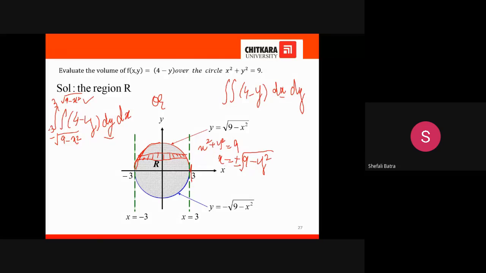X is equal to minus under root 9 minus y square. And when you are talking about this side, these two quadrant, so x would be under root 9 minus y square. This is your positive side and this is your negative side. So I'm writing here minus under root 9 minus y square to under root 9 minus y square. And what are the limit of y?